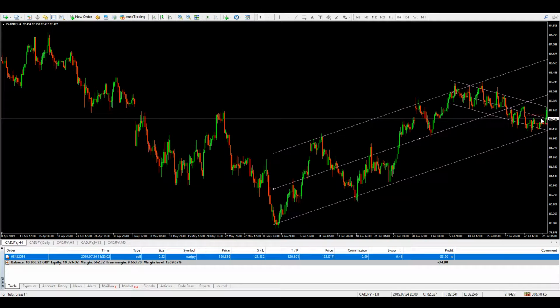So it wasn't possible to tell whether it was breaking higher to make higher highs in the context of this, or whether it was just making lower highs and lower lows in the context of this move down.